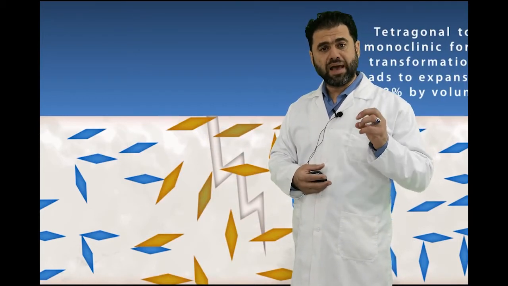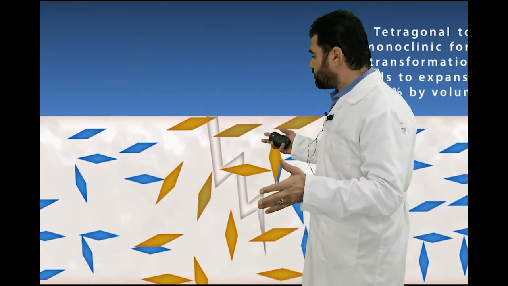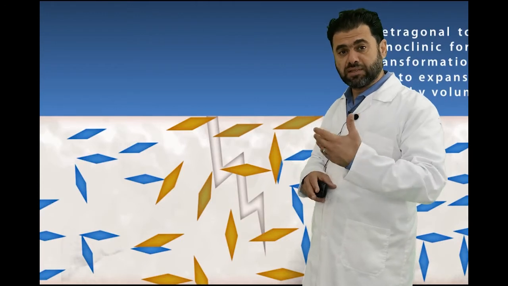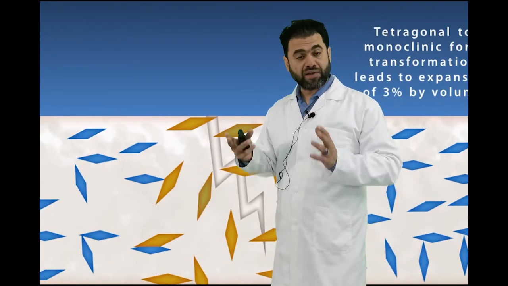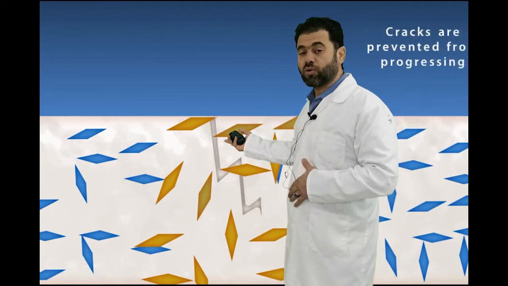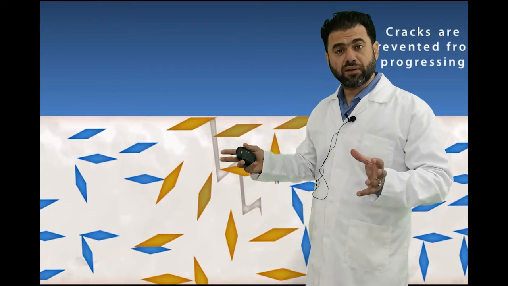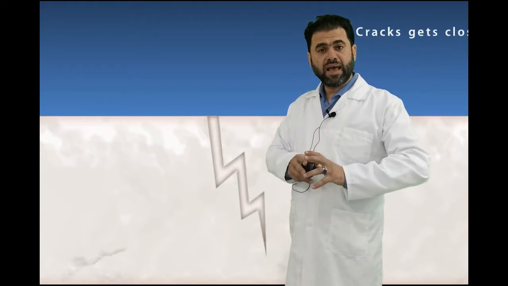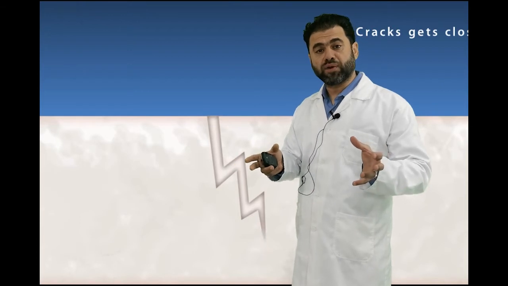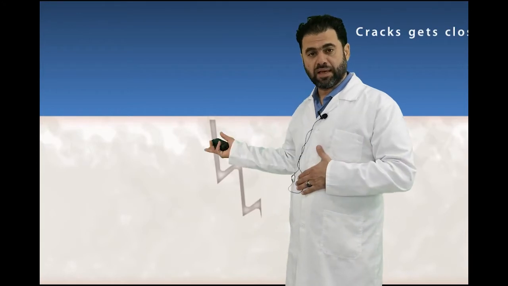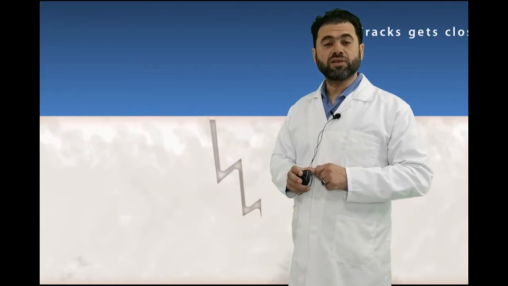This also acts in normal situations, it will stay there, but in certain circumstances where there is a stress or a crack, this partially stabilized zirconia will change from a tetragonal to a monoclinic form, which is bigger in size, and it will start to create a stress inside the ceramic, and it will close and stop this crack.